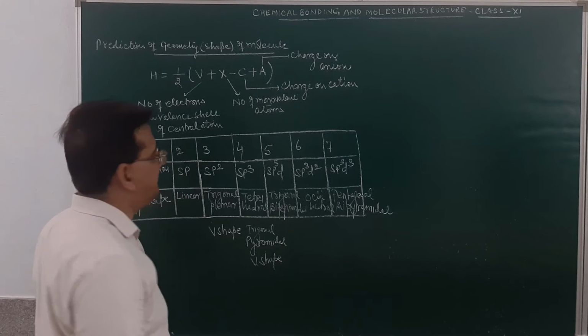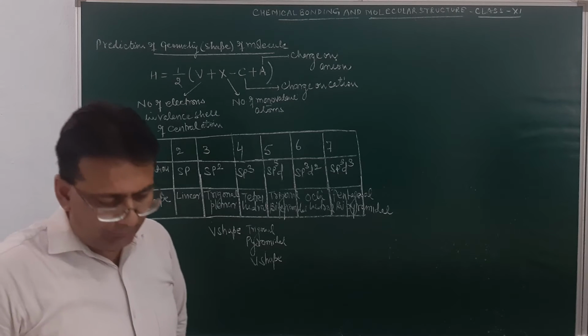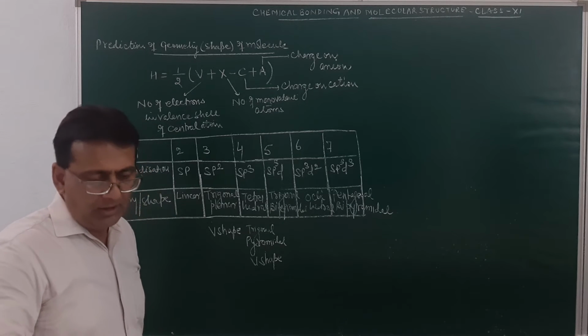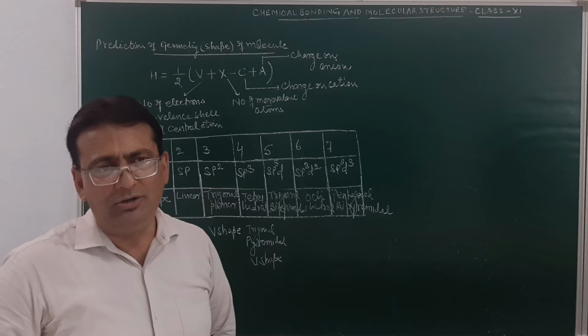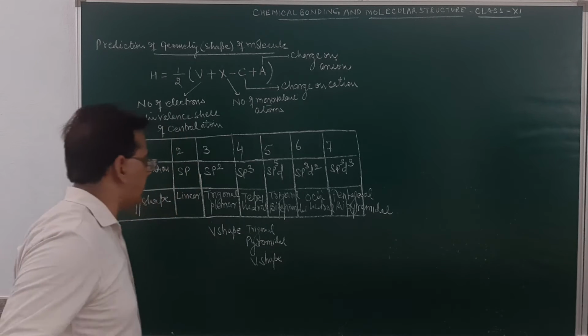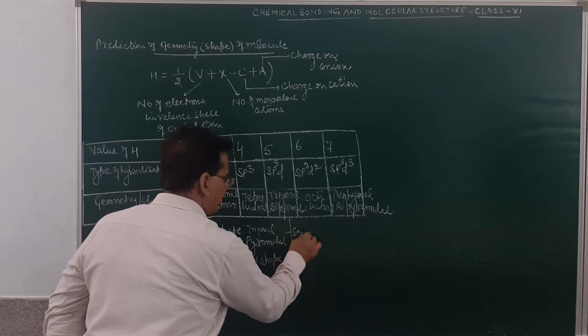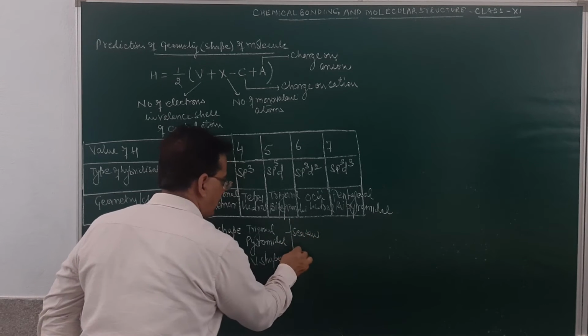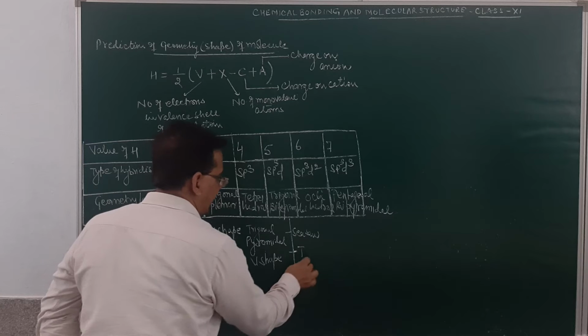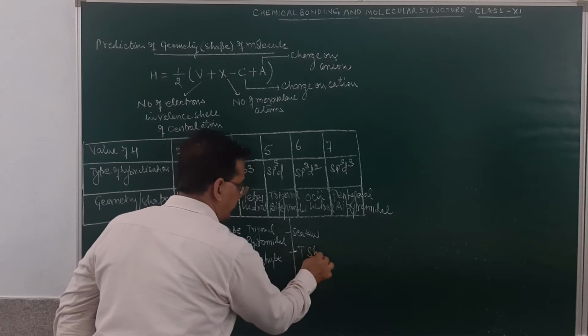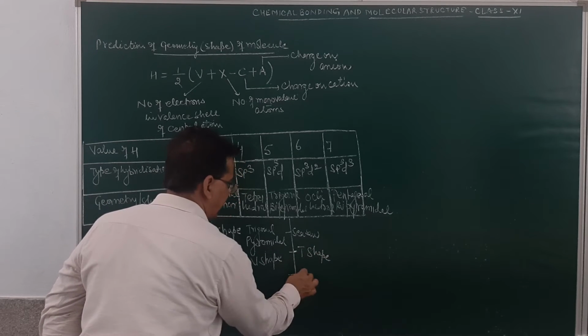In the case of sp3d hybridization, there were three distorted geometries: seesaw, T-shape and linear. Remember, students, seesaw has one lone pair, T-shape has two lone pairs, and then the linear geometry.